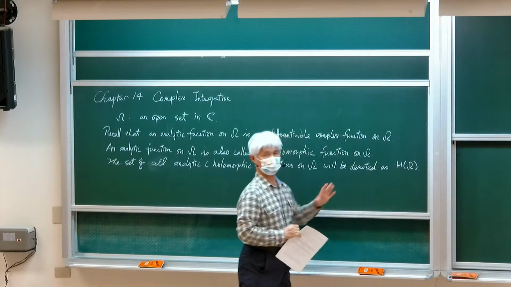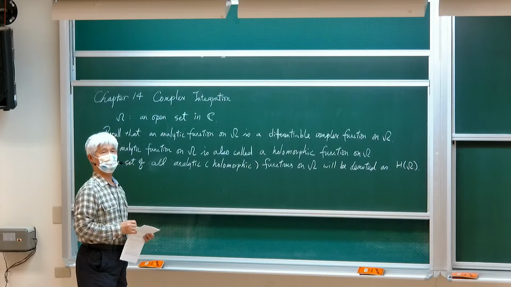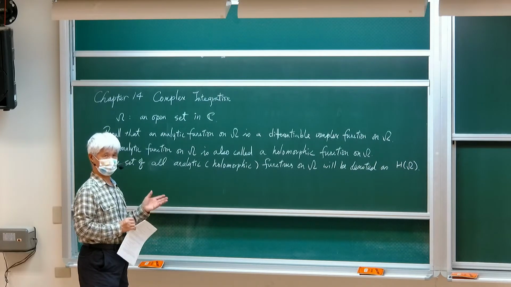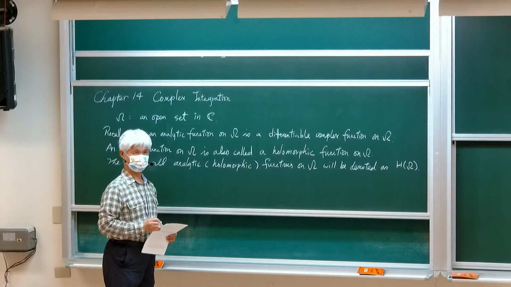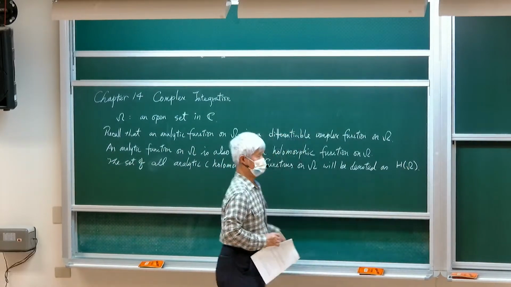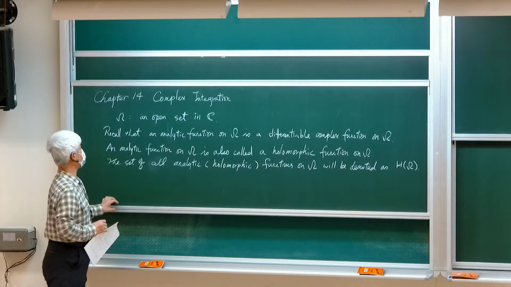So H of omega is the set of all holomorphic functions defined on an open subset of the complex plane. So this is the notation that will be used in this chapter as well as the following chapters.